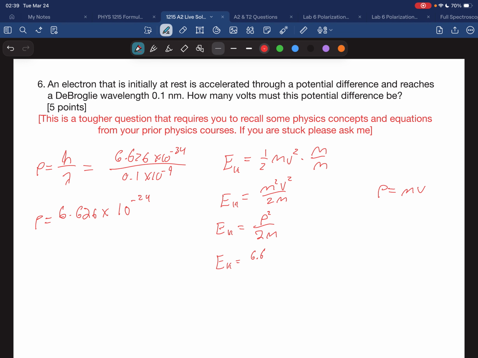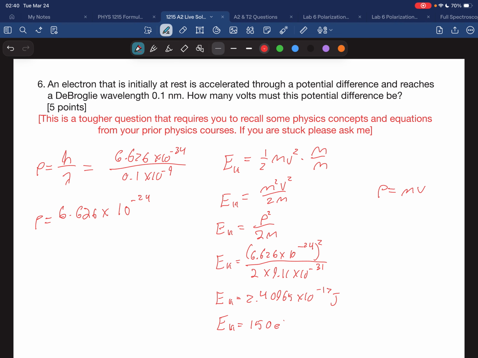So 6.626 times 10 to the negative 24 squared over 2 times 9.11 times 10 to the negative 31. And that gives me about 2.40965 times 10 to the negative 17 joules, converting this to electron volts.